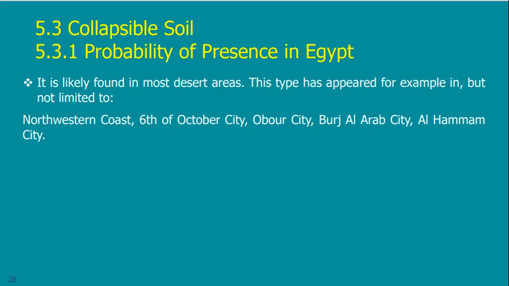Then it will reach a location where the flood is finished. So water has to recede. So it will settle in place. Everything that was going with the water will settle down in place with water. Then water will start to seep and will leave this crushed formation in place.